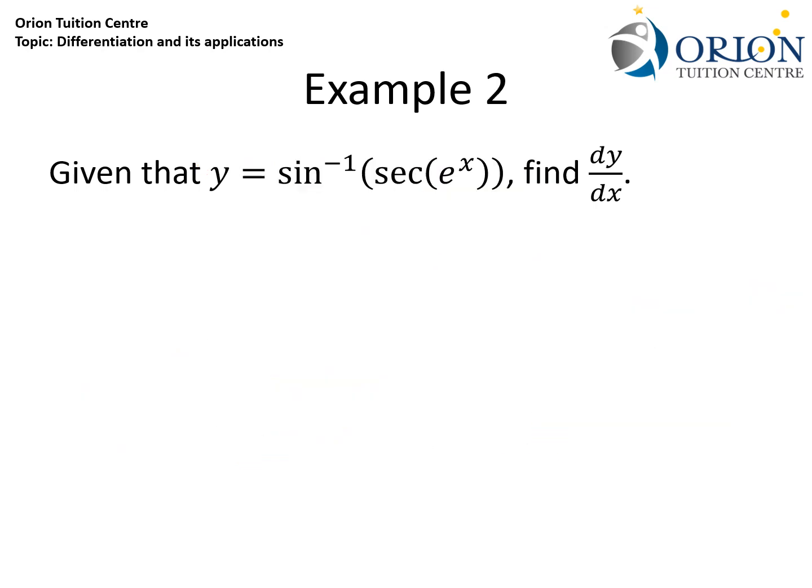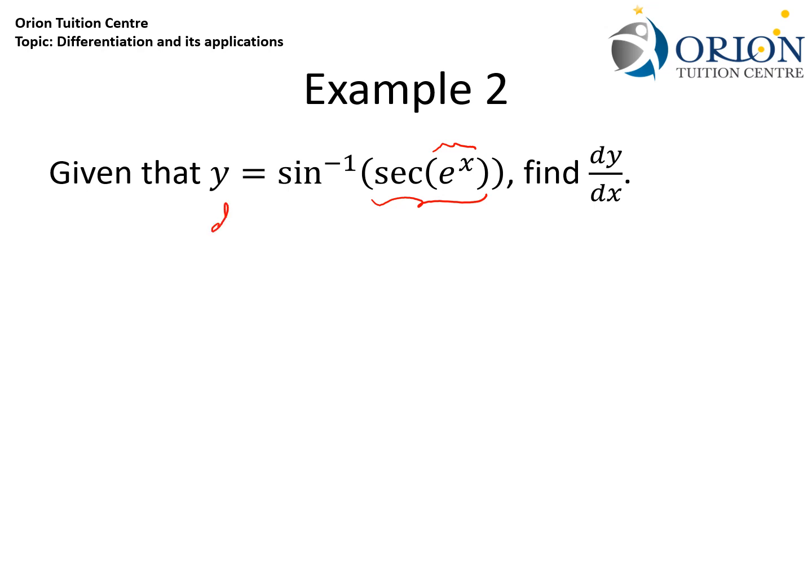In example 2, we have to apply chain rule multiple times because for sine inverse, there is a term of secant e^x within its bracket, which means we need to do a chain rule once. And when we are performing the differentiation of secant of e^x, the presence of e^x requires us to perform the chain rule a second time. So let's do a quick recap of the formula that we need.